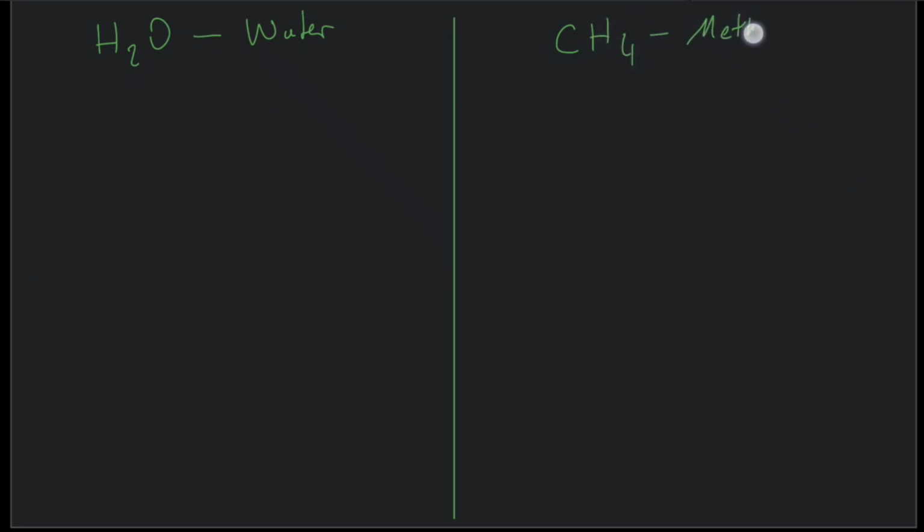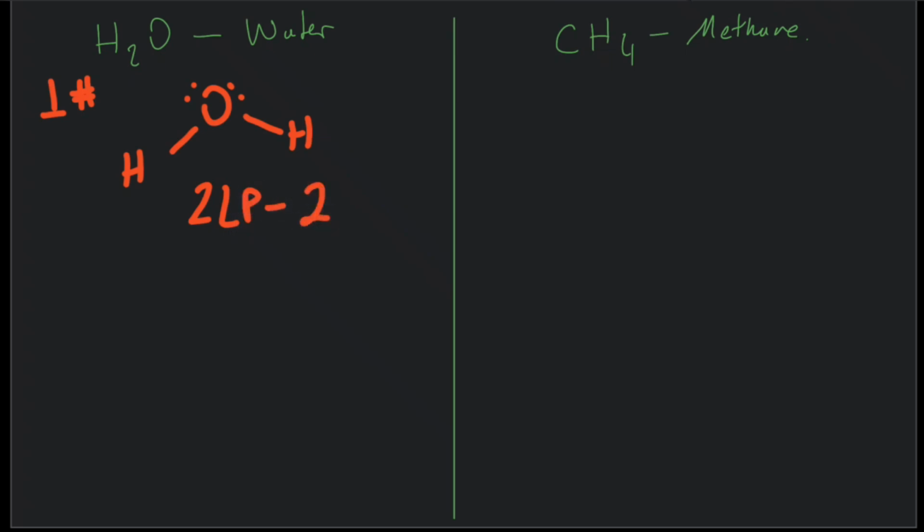I want to make two similar examples, and the first one is water and the other is CH4 or methane. So firstly, we know the Lewis structure. I can draw it very quickly. This is the Lewis structure. So we have two lone pairs and two hydrogen atoms.